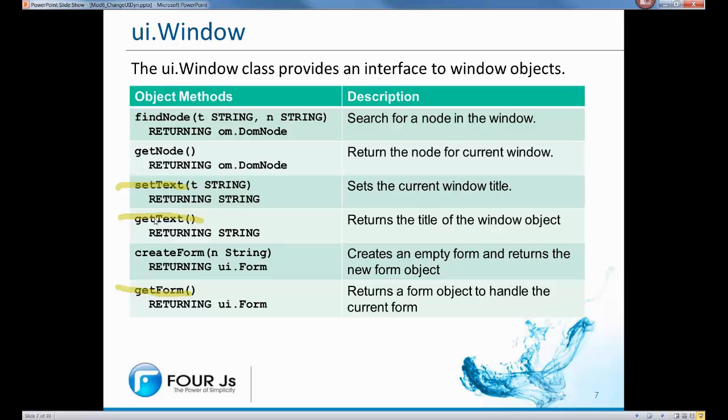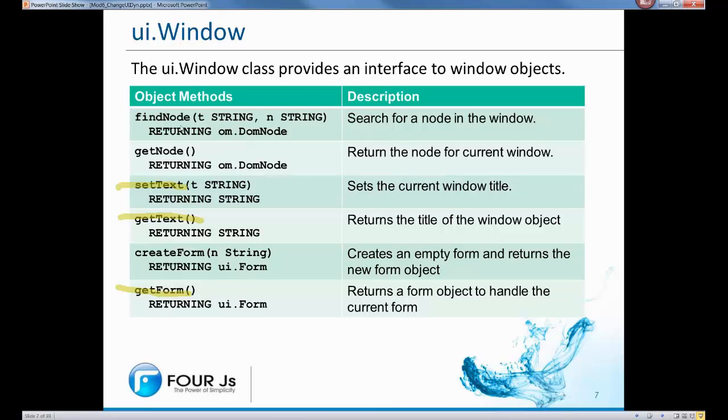I've seen these others used as well, but I don't see them used as much, largely due to what I told you about before. We had a method before where people would concentrate more on building the tree than on thinking about the simple objective of what they're trying to accomplish. So they would do findNode and getNode to search for a node in a window and return a node from a window.